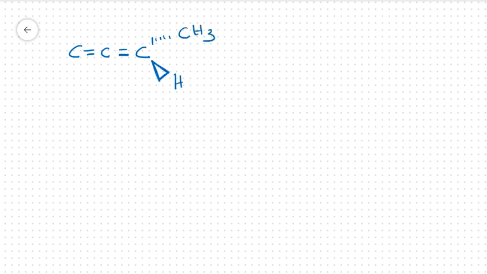This is CH3. Now this is Cl and this is fluorine. See, these two and these two, they are different. Now always we have to remember that we have to see from this part.